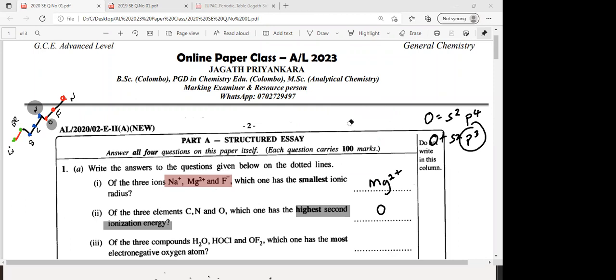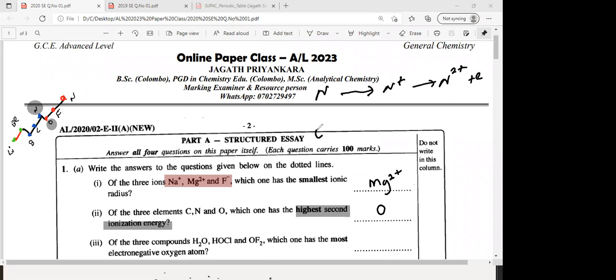So did you all understand why oxygen's second ionization is greater than nitrogen's? Look at the configuration. Nitrogen is s2p3. N becomes N plus. The second ionization is removal of an electron from N plus to become N2 plus. Oxygen also: O becomes O plus, O plus to O2 plus.